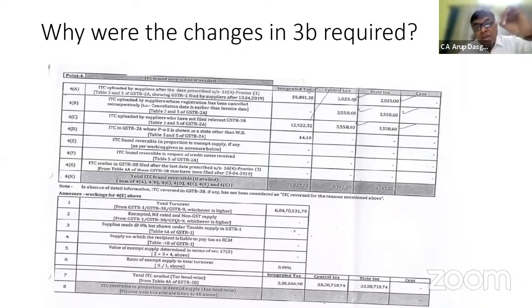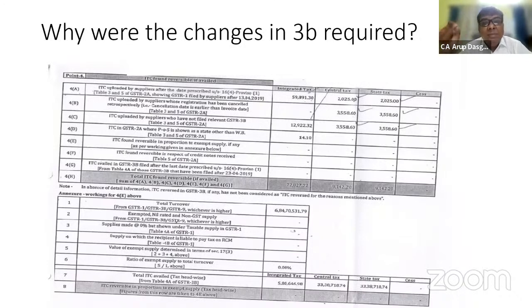And when I'm showing it in all other ITC, at times, if there's a timing difference, like say for 2021, I have reversed the credit. Why? I didn't pay to the supplier within 180 days. And when I come to 21-22, I pay the amount to the supplier and I reclaim that credit.